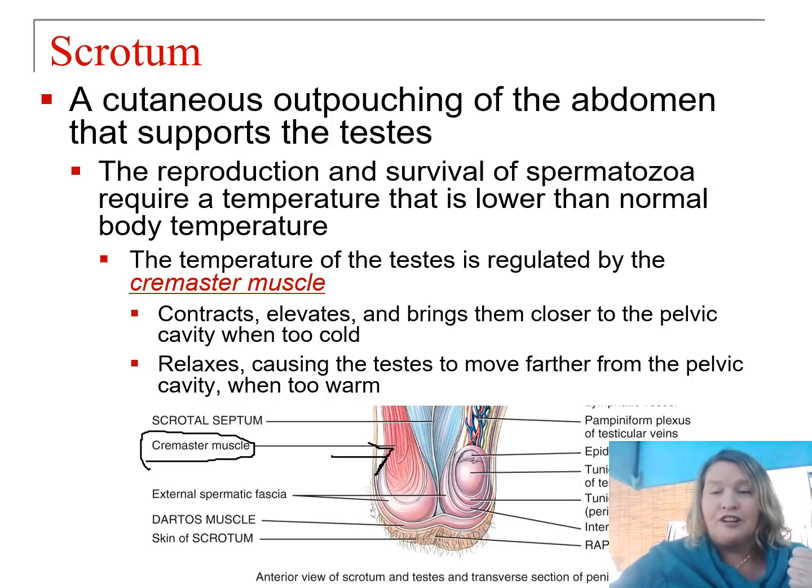That muscle actually will contract and elevate when it's too cold outside. So the testes will become closer to the pelvic cavity and become warmer. When it's too warm, the cremaster muscle will relax and the testes will move further away from that really warm pelvic cavity.